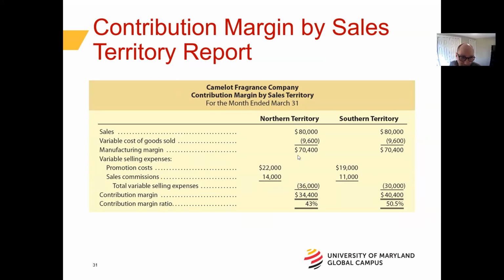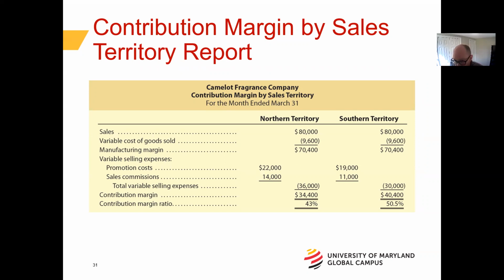Under the variable costing model, we can look at the sales data. Sales minus variable cost of goods sold equals manufacturing margin, minus variable selling and administrative expenses, equals contribution margin. We can compute the contribution margin ratio.